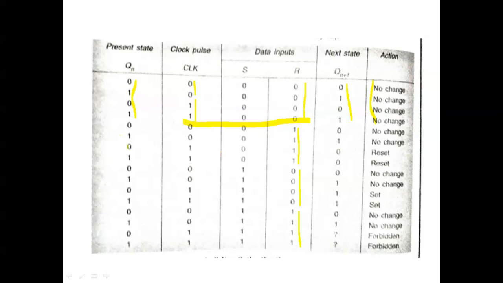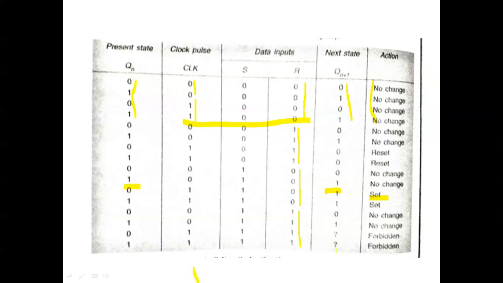So if it is 0 to 0, it is no change. 1 to 0 means reset, 0 to 1 is set. So see that 0 to 1, so it is set. Like that, the forbidden state is also available.